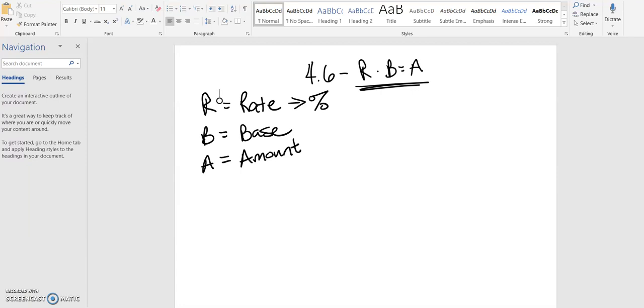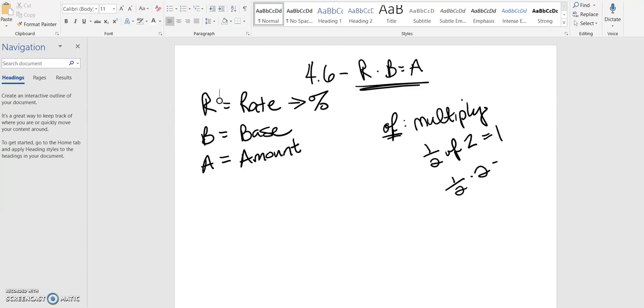And to do that, I need to talk to you about some words that we use when we're solving. The first word is of. Of in mathematics typically means multiply. If we deal with 1/2 of 2, well, we know that that's 1, or 1/2 times 2, which is also equal to 1. So of typically means multiply, and the word is typically means equal.